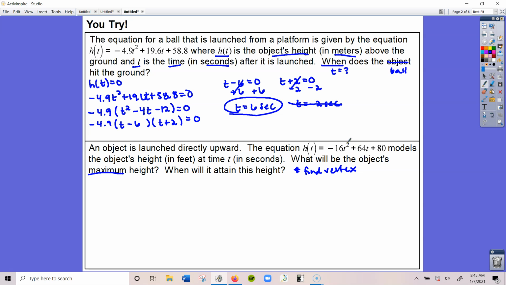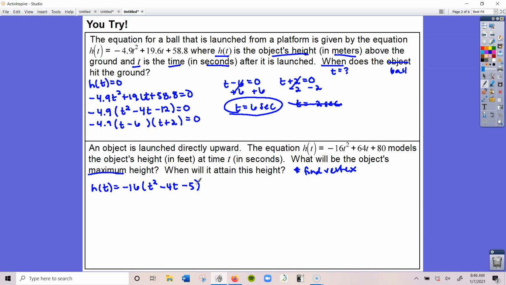Now, in this example, we can definitely just use the quadratic equation that is given. But what I did is that I factored a negative 16 out of this quadratic. And the reason I do that is because then it'll keep my numbers smaller. So this would give me t squared minus 4t minus 5.